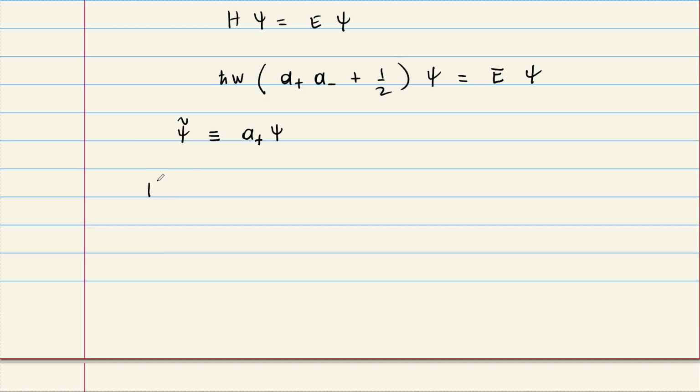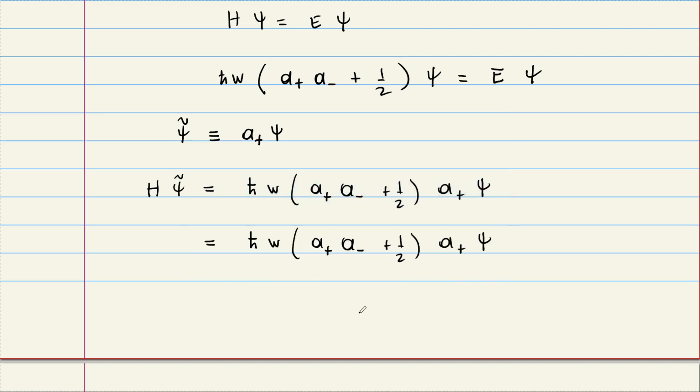So we want to calculate H psi tilde, which is equal to, let's write H first, h bar omega, A plus, A minus, plus a half. Now I wrote H. Now I'm going to write psi tilde. Psi tilde is A plus psi. Now I want to put this A plus inside.